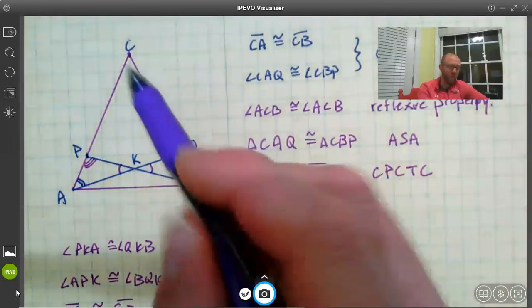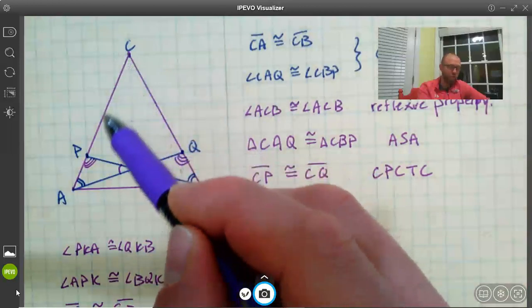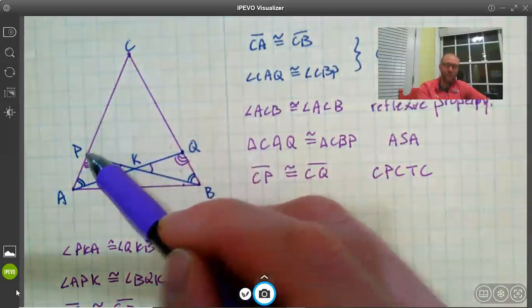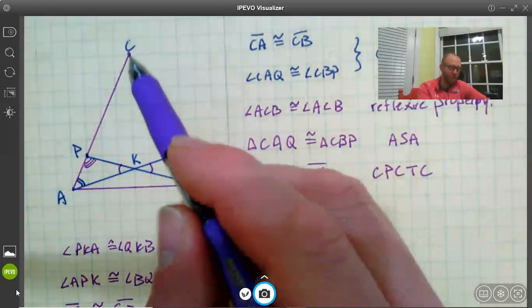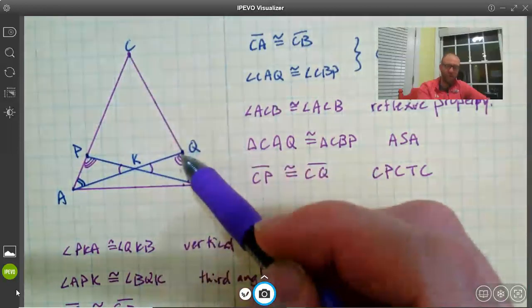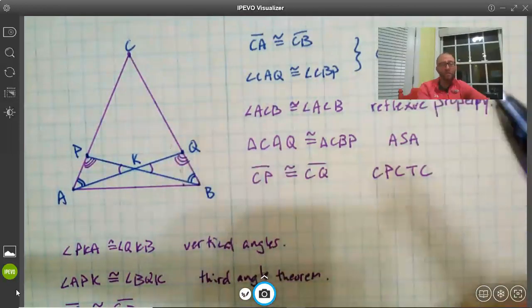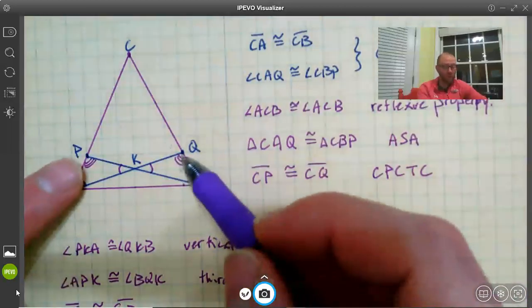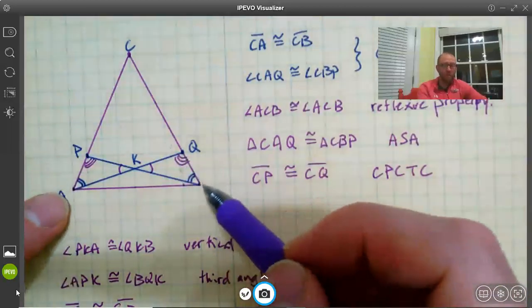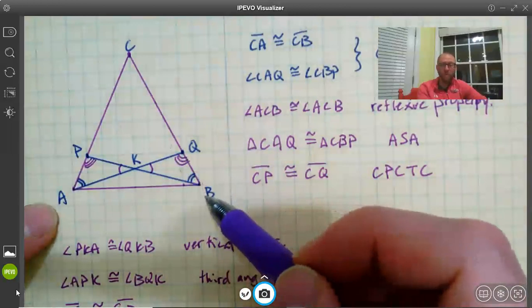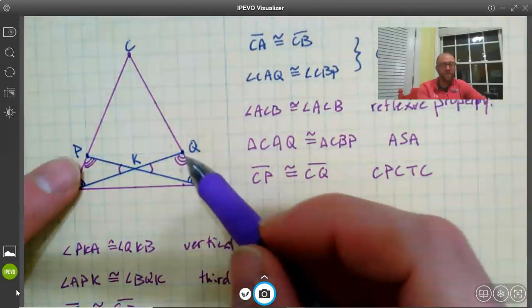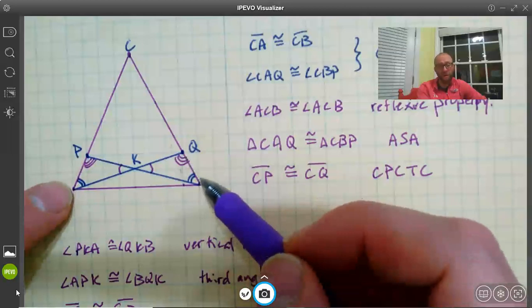So if you imagine, I'm driving down here from C and I stop at P, and someone else is driving along here towards B and they stop at Q, and if I know we've driven the same amount at that point, and we know that overall we're going to drive the same amount if we go all the way to B and A, then we must have the same distance left to go.